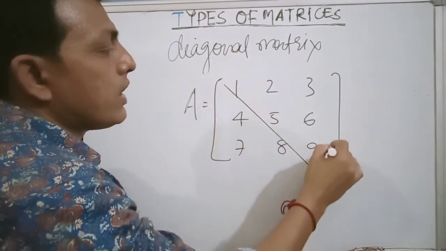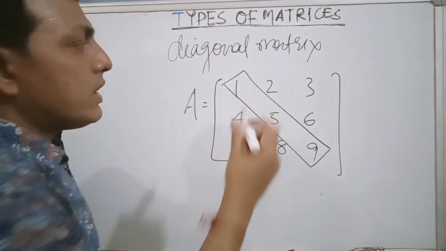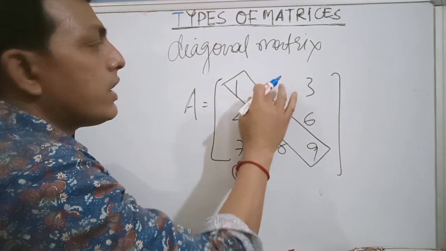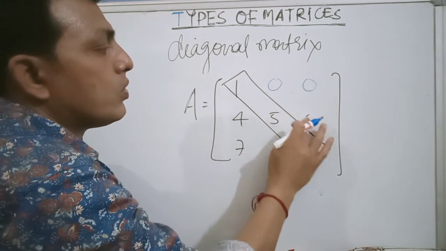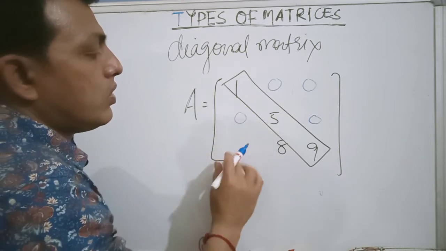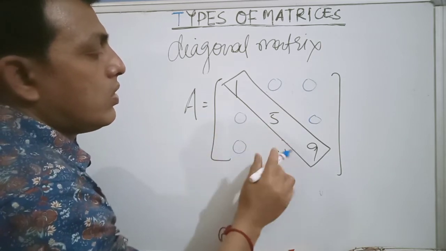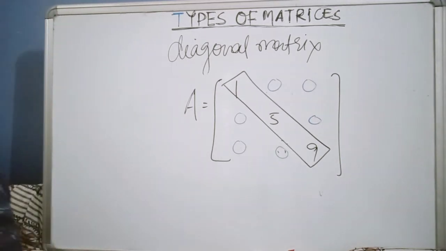This is the leading diagonal. These are the non-leading diagonal elements. So make them 0. So this is a diagonal matrix.